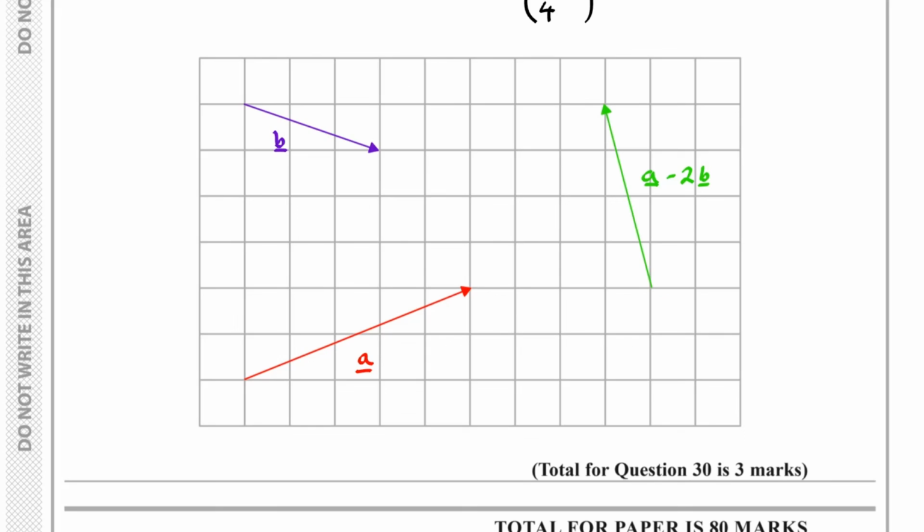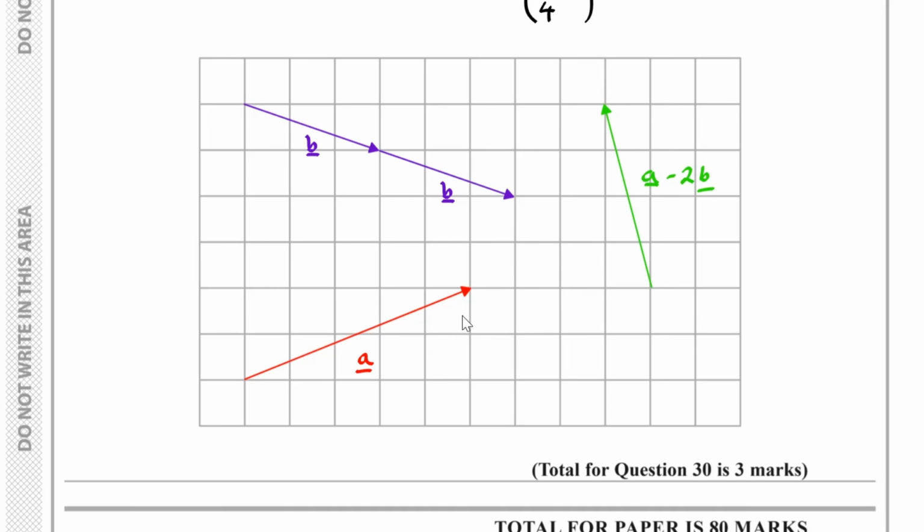Now what's interesting actually is we can essentially copy and paste this. So if we do that, let's just highlight it. So basically this over here is the vector 2B. So we've got A minus 2 lots of this. So we essentially go the other way.